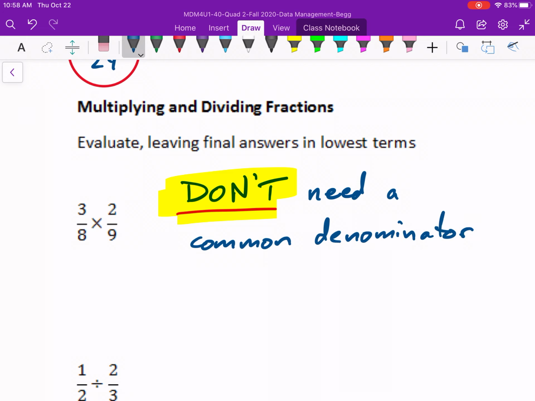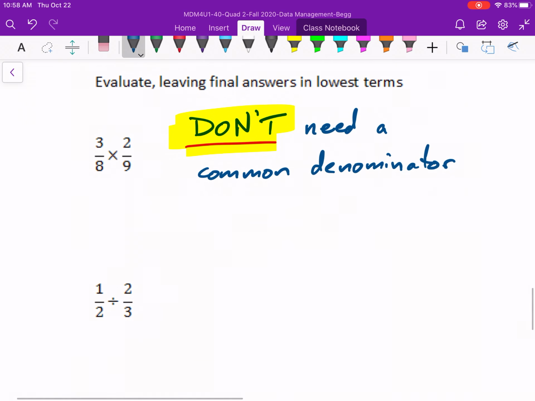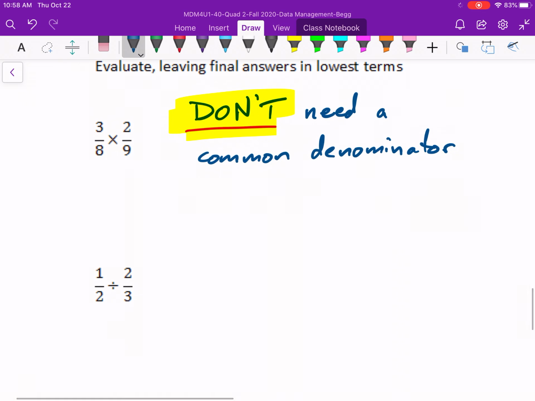So please don't try to get a common denominator for multiplying or dividing. All we need to do is multiply top times top and bottom times bottom and reduce.